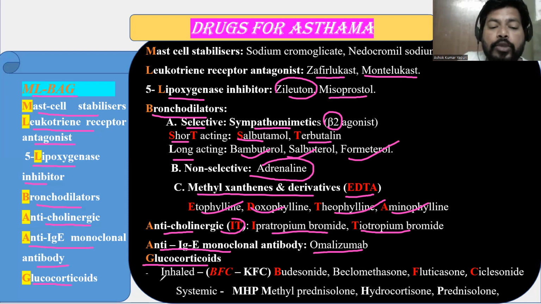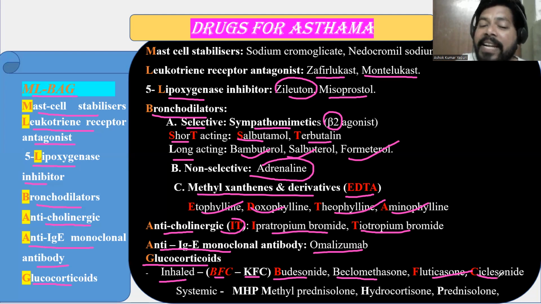In this category, some are given by inhalation. The mnemonic, or trick, is BFC, like KFC. So budesonide, beclomethasone, fluticasone, ciclesonide. These are the drugs that come under the inhaled category.